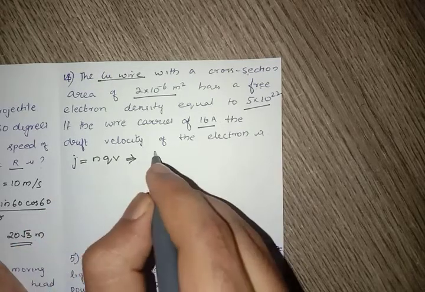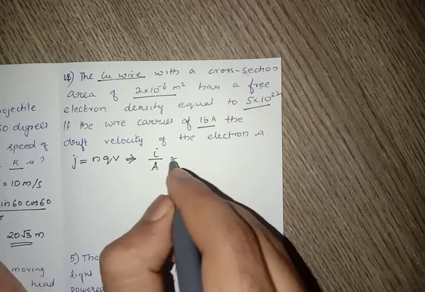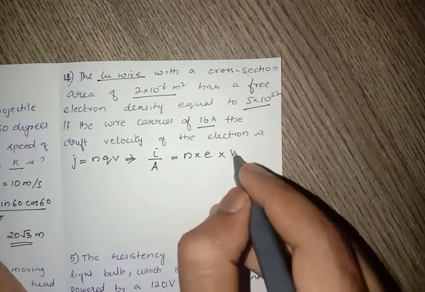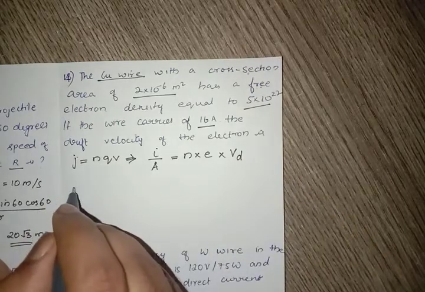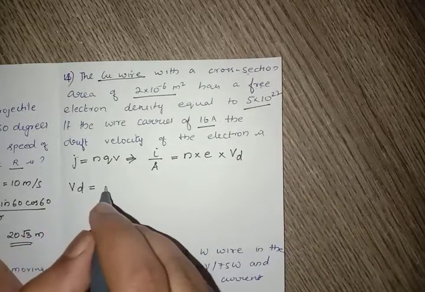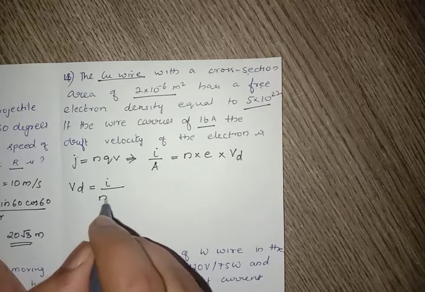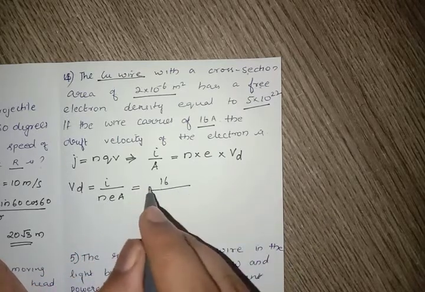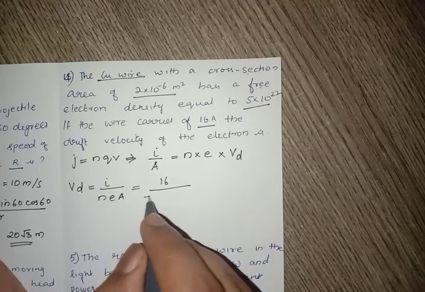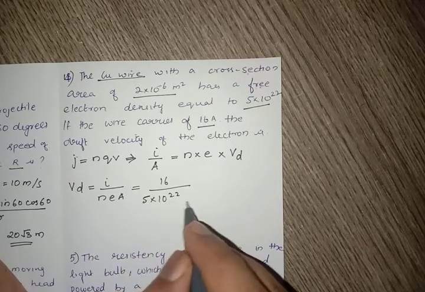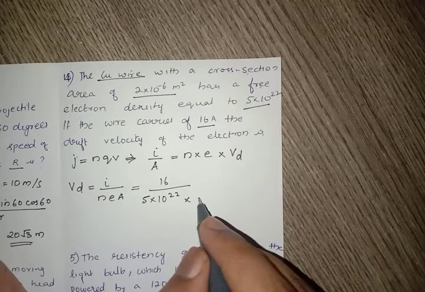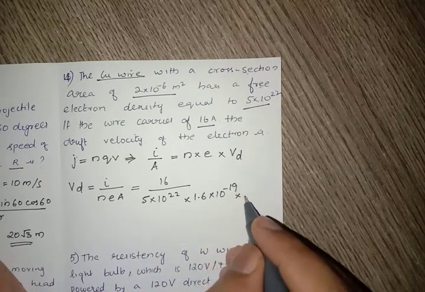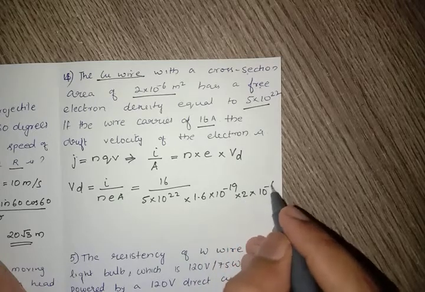So this can be written as I by A is equal to N into E into Vd. We need to find the drift velocity. Drift velocity will be equal to I by NEA. Here I is equal to 16, electron density is equal to 5 into 10 raised to 22, E is equal to 1.6 into 10 raised to minus 19, A is equal to 2 into 10 raised to minus 6.